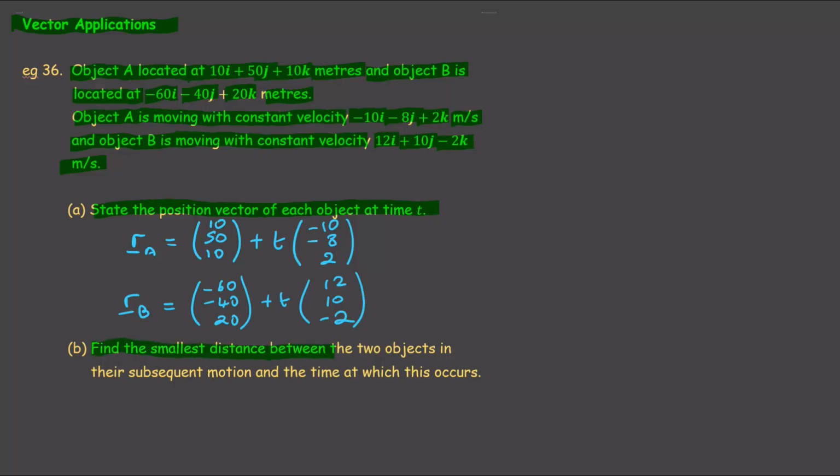Find the smallest distance between the two objects in their subsequent motion and the time at which this occurs. Now we know from earlier work that that's going to be when the relative position and the relative velocity are perpendicular.